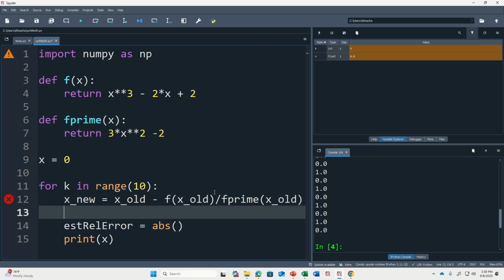So I'm going to calculate an x new, and then update the x old, but I can't update it until after I find my error.